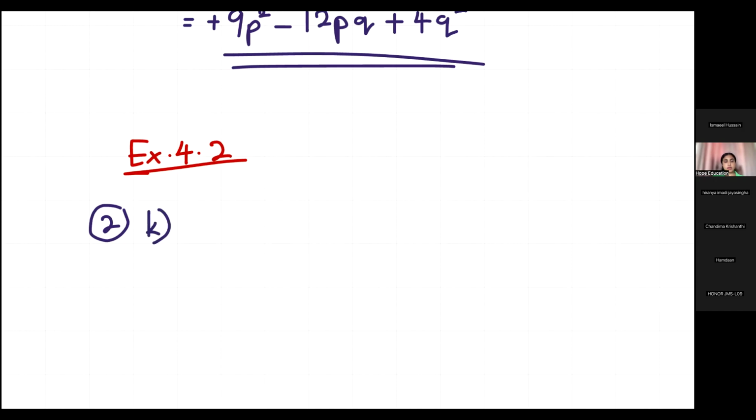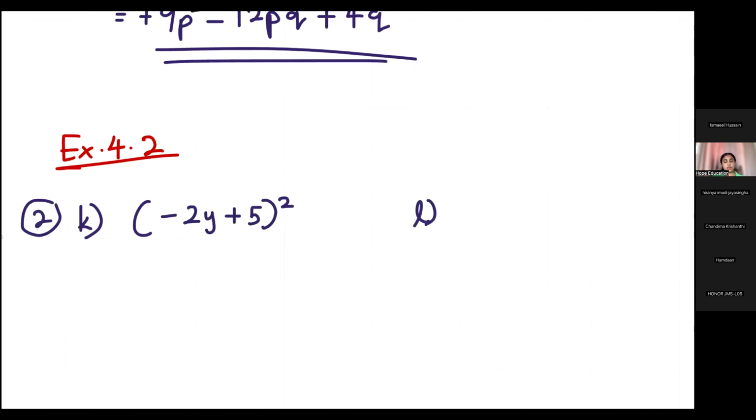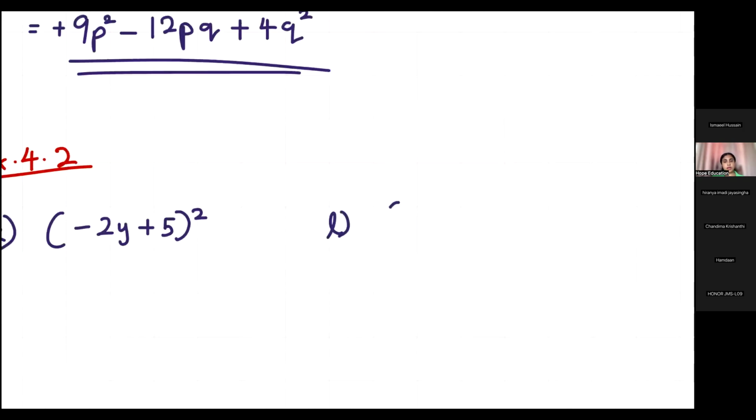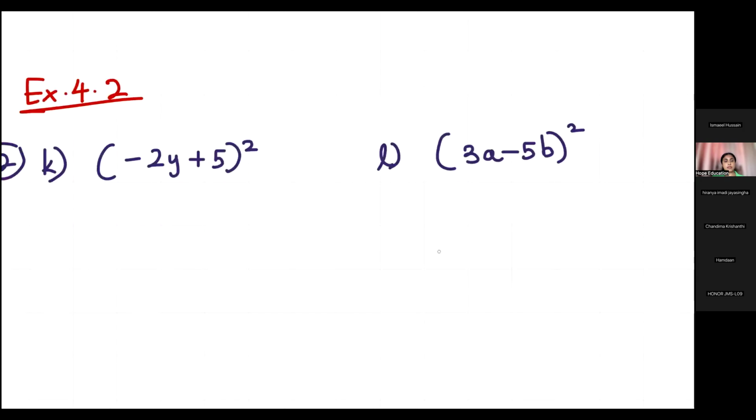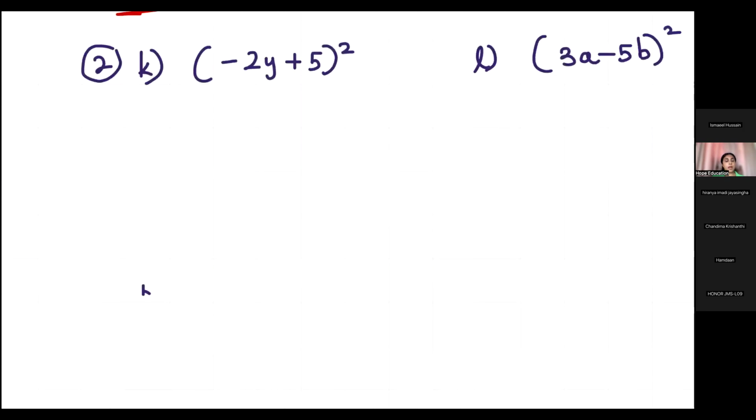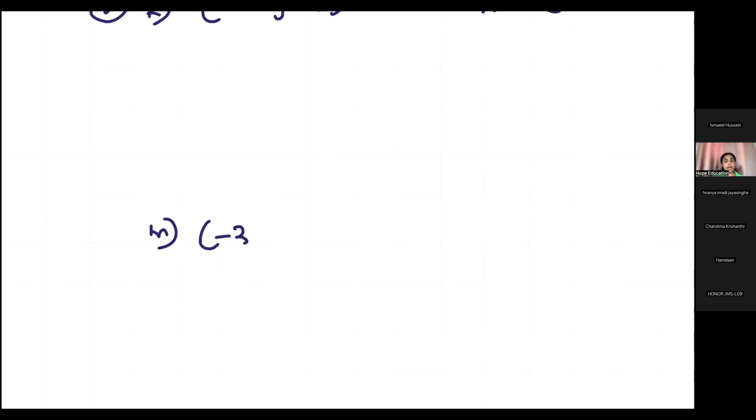In the second question, K, L, M, N. K is minus 2y plus 5 squared. L is 3a minus 5b squared. Then M is minus 3m plus n squared.